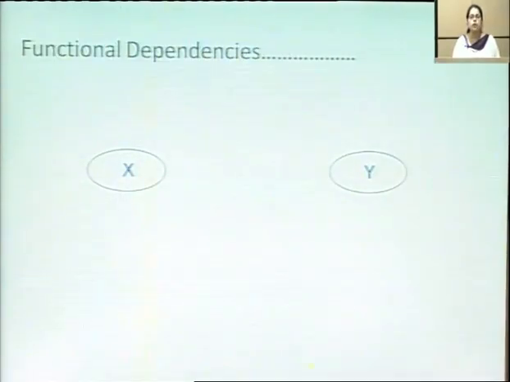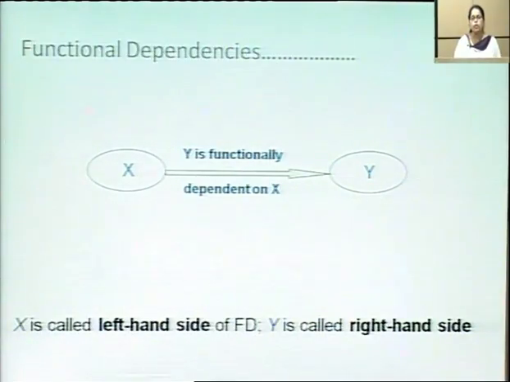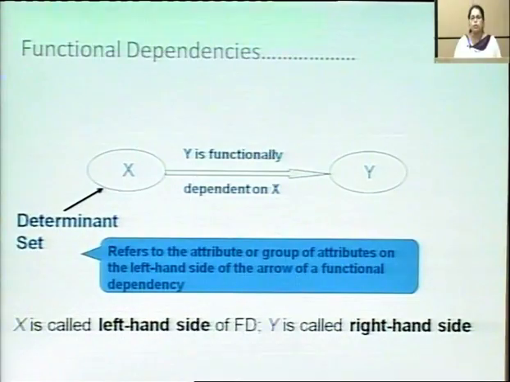For example, consider we have two sets of attributes X and Y. Y is functionally dependent on X, or you can say X functionally determines Y. Then the right hand side of this functional dependency is Y, and the left hand side of this functional dependency is X. Here X is called the determinant set that functionally determines the value of Y. It refers to the attribute or group of attributes on the left hand side of the functional dependency.